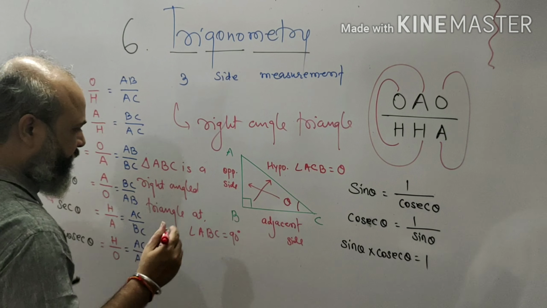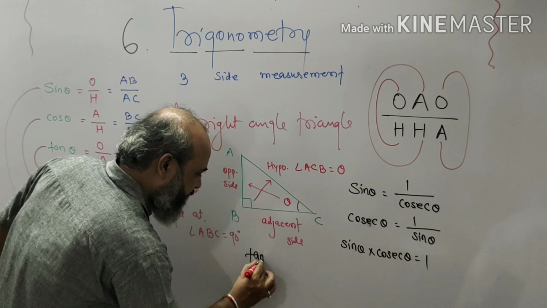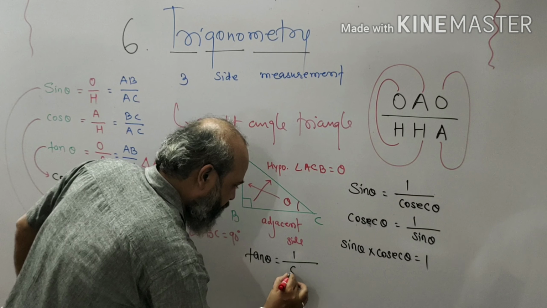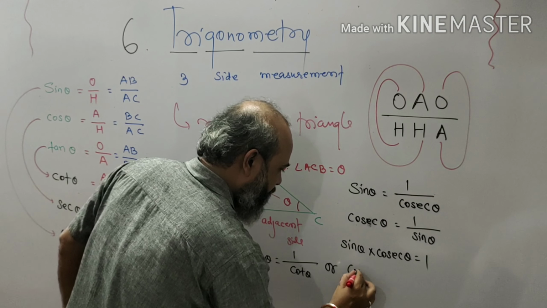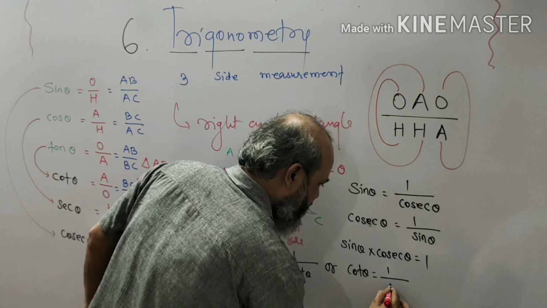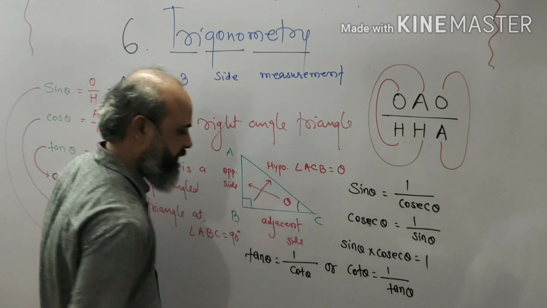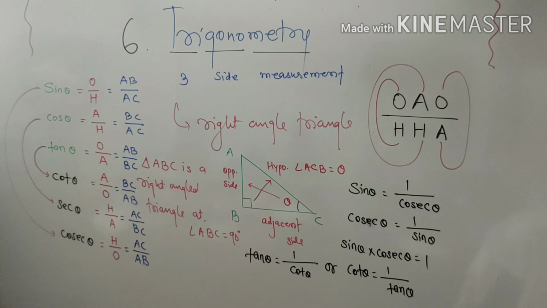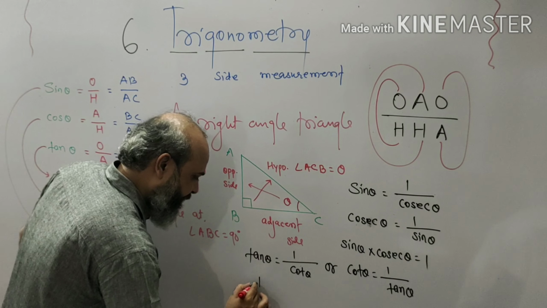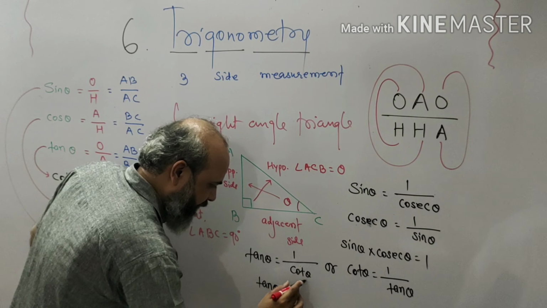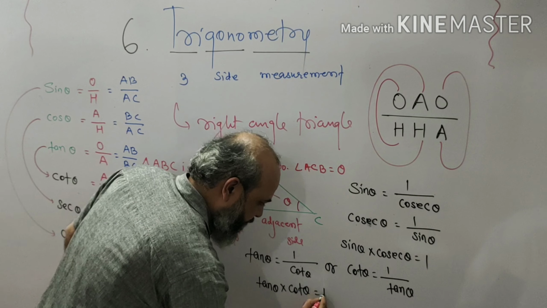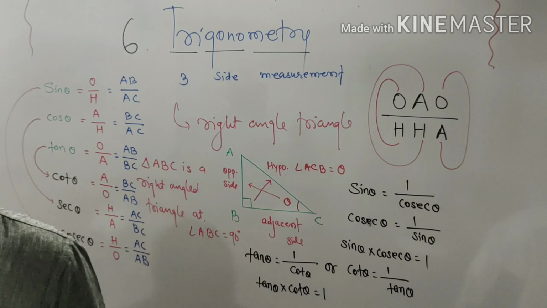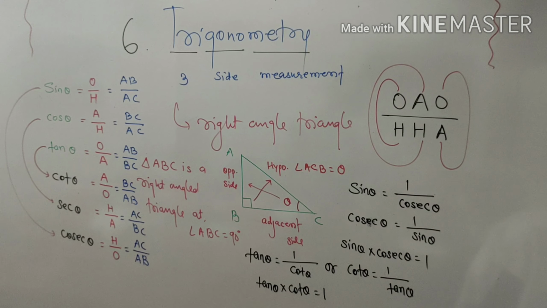Similarly, tan theta is equal to 1 upon cot theta, or cot theta is equal to 1 upon tan theta, and tan theta into cot theta is equal to 1.